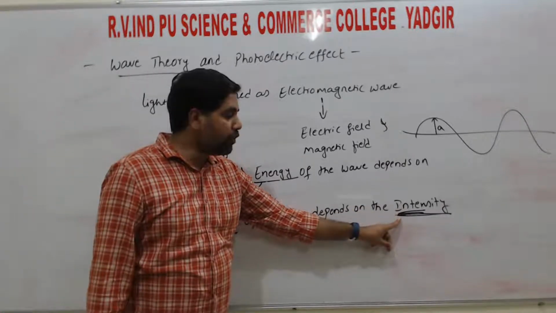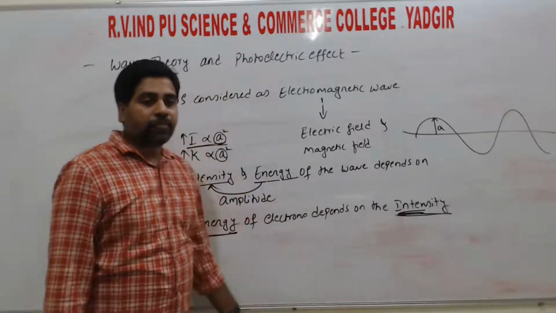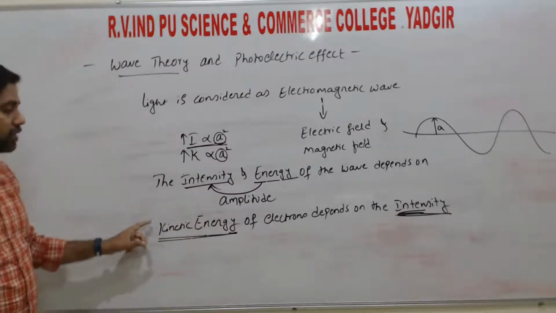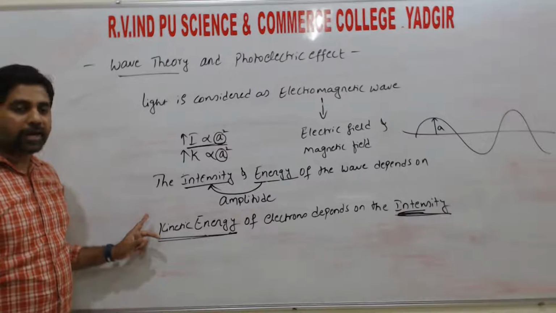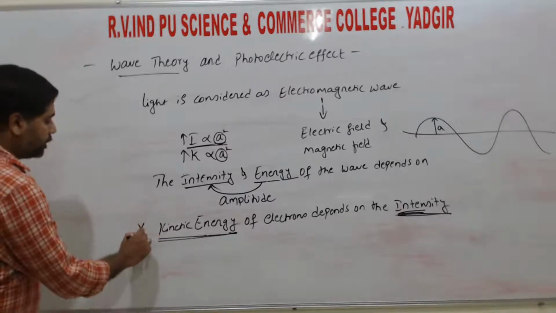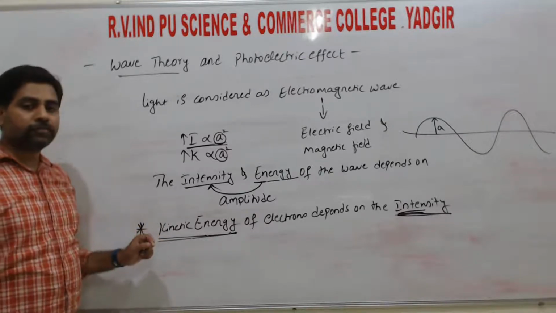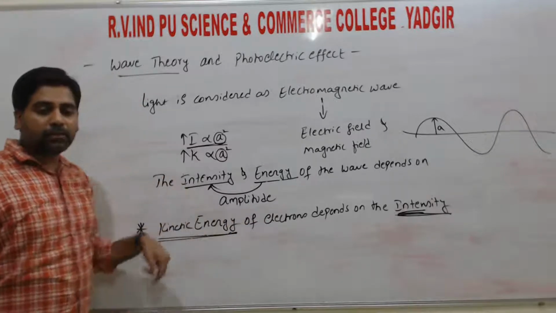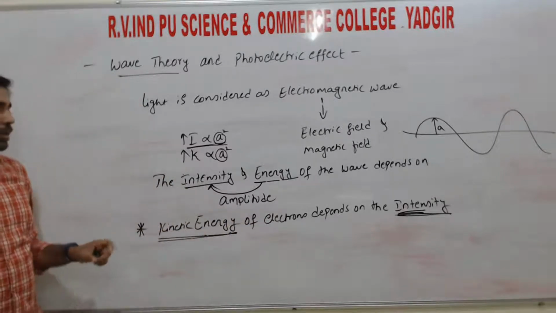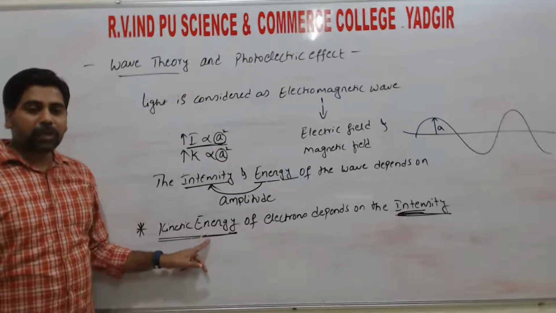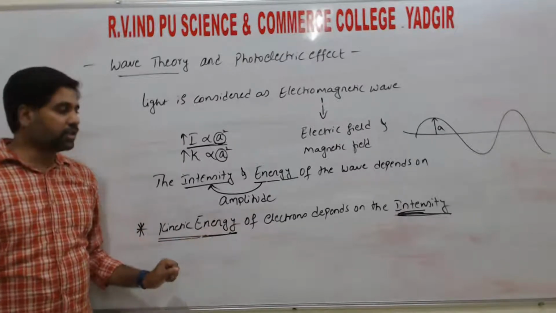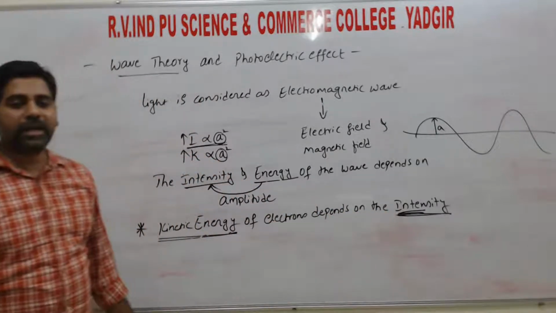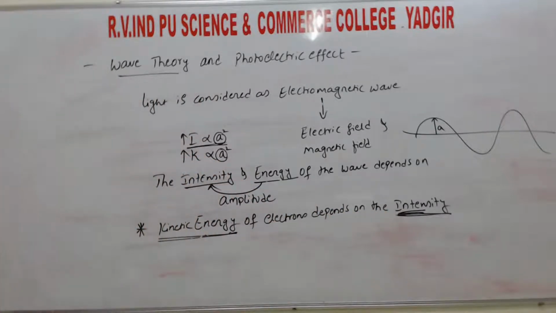That is, it is independent of the intensity. Hence, wave theory fails to explain this statement. So this is the first point: according to wave theory the kinetic energy depends on the intensity, but in experimental observation the kinetic energy of the electrons depends on the frequency of the incident radiation, not on the intensity.